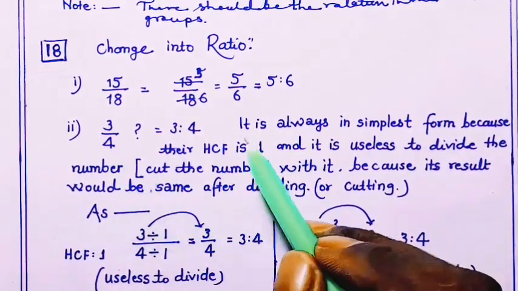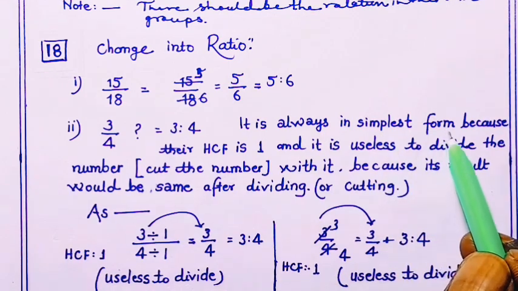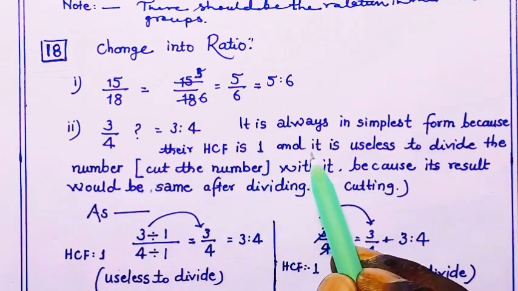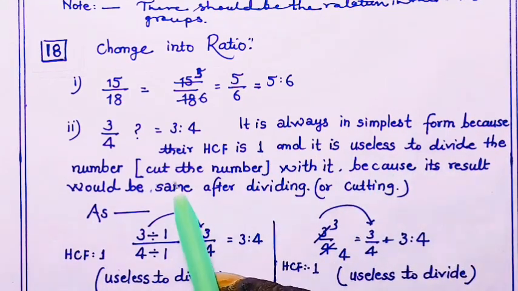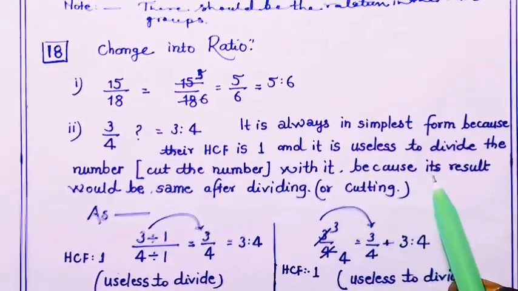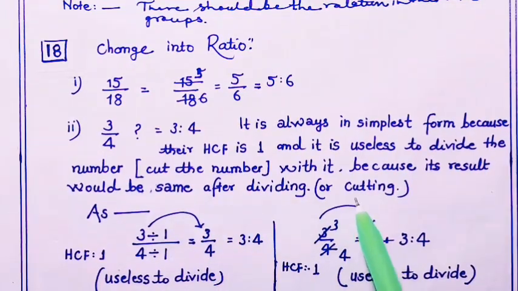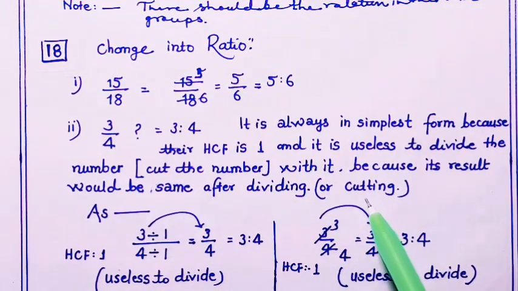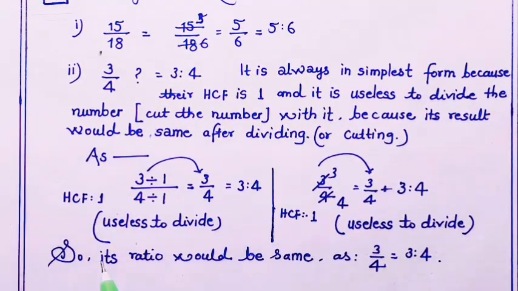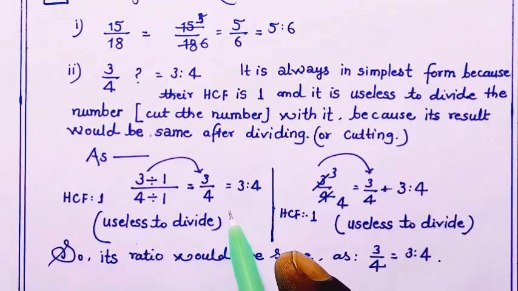3 by 4 is always in simplest form because their HCF is 1, and it is useless to divide the number with it because its result would be same after dividing. As for example, if we divide by 1, then the result will be same.